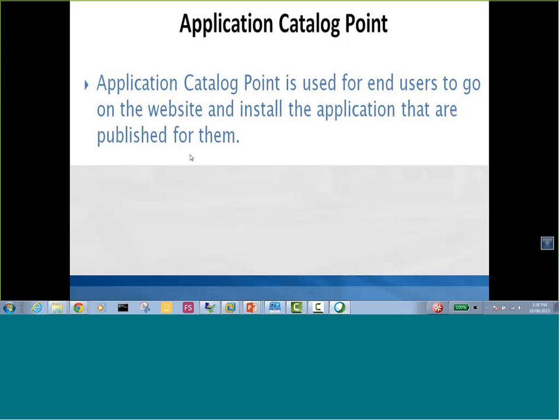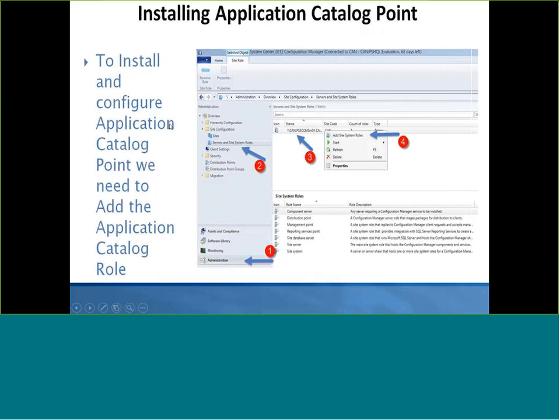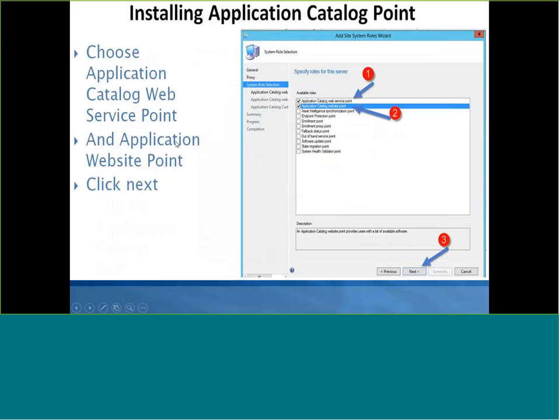So this is the application catalog. Let's go ahead with the next slide. We need to go to Administration. Right away, we're going to start with the SCCM server, going to Administration, Servers and Site System Roles, and Add Site System Role. I'll go through two or three slides, then I'm going to start that myself. The second one is selecting the top two system roles, which are the application catalog web service point and the application catalog website point.